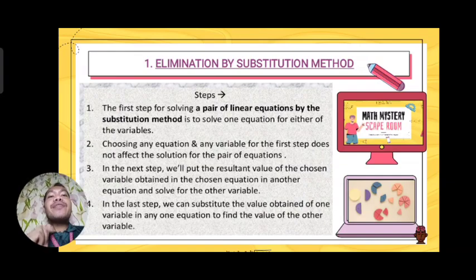In the next step, we put the resultant value of the chosen variable obtained in the chosen equation into the other equation and solve for the other variable. In the last step, we substitute the value obtained for one variable in any one equation to find the value of the other variable. To understand more, we will have an example.